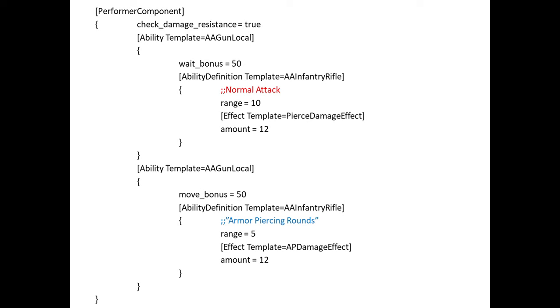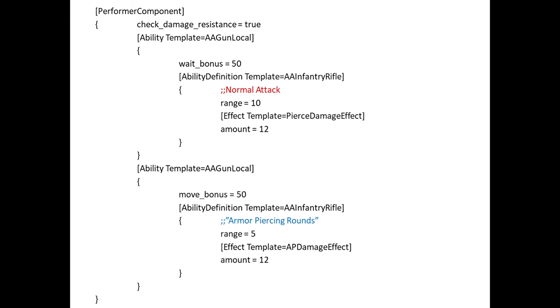In the same vein, if this unit were only attacking infantry, it would never move into range to use its armor piercing attack against enemy infantry, because the move bonus of 50 used by the armor piercing attack would be reduced by the damage resistance of the infantry targets.